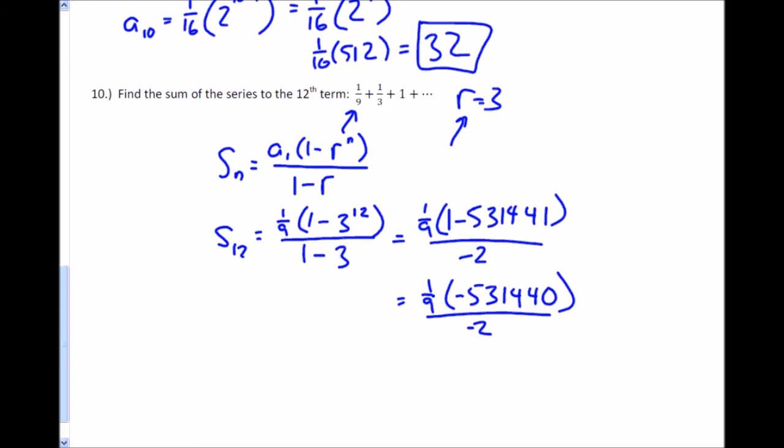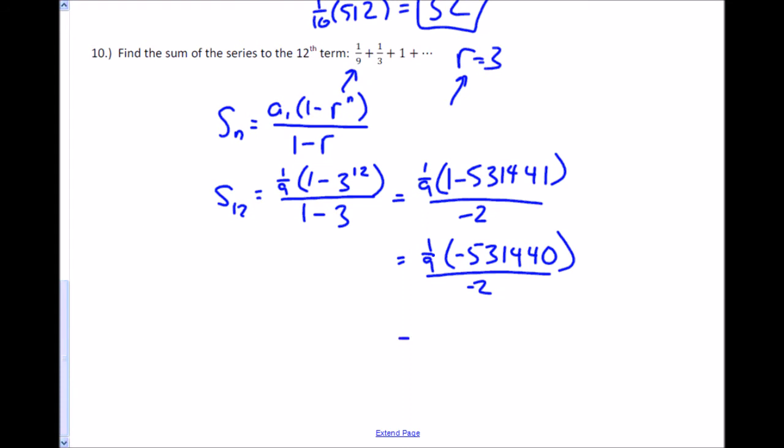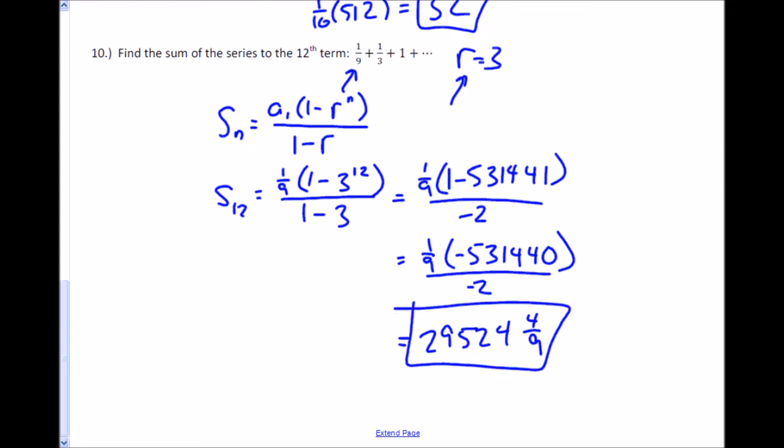Again, I have to multiply that by the 1/9 and then divide by the 2. And when I do that, I find out that I have 29524 and 4/9. Okay.